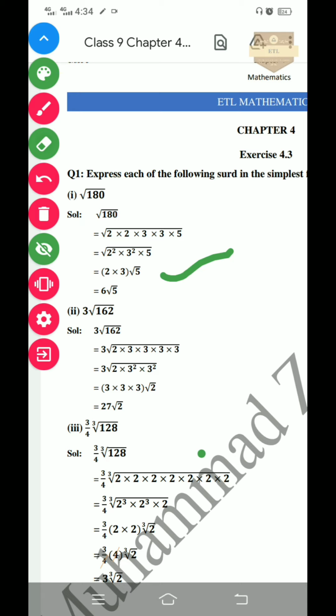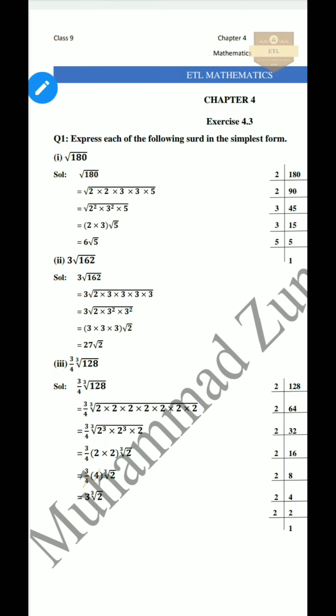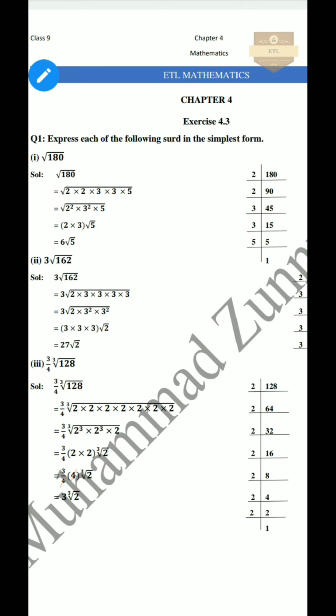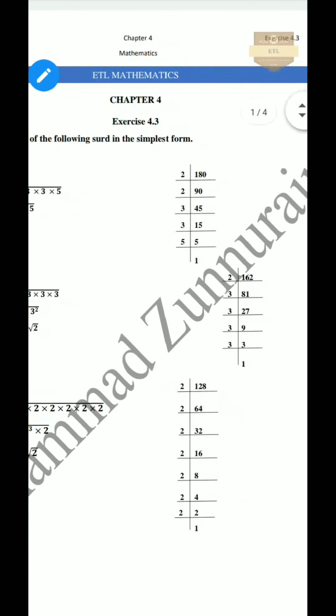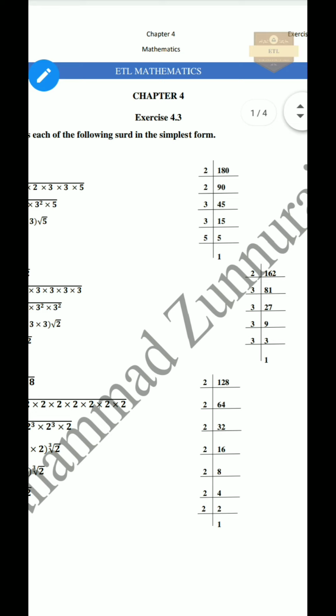Next in the second part we have 3 into under root 162. First of all we have to make prime factors. Here I have made the prime factors of 162, which are 2 multiplied by 3 multiplied by 3 multiplied by 3 multiplied by 3.